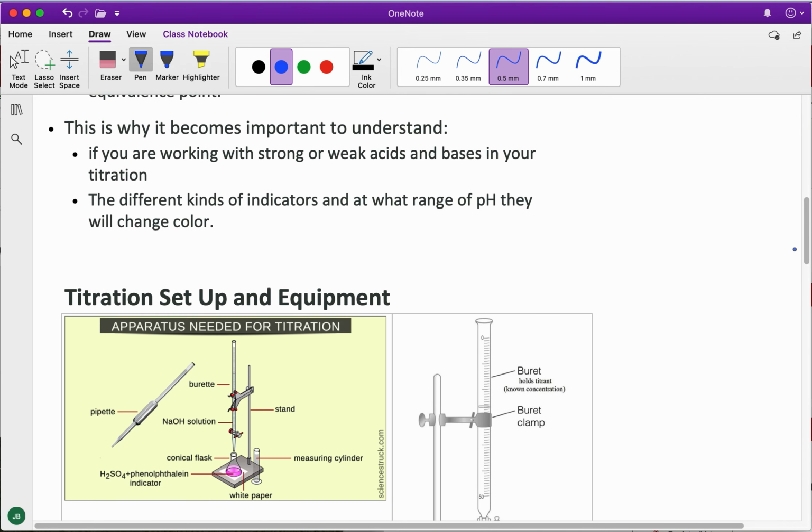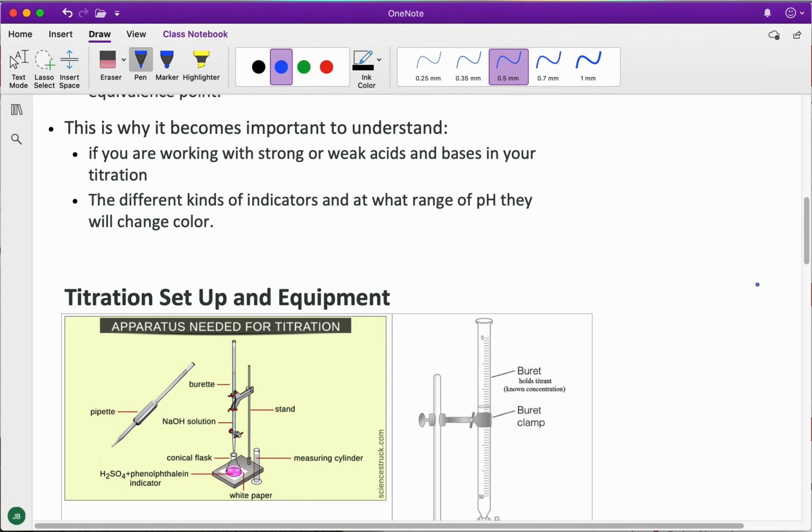So in order for all of that to happen, for you to have an endpoint that's either the same as the equivalence point or the endpoint that happens very soon after the equivalence point, you have to know, first of all, are you working with a strong or a weak acid? Are you working with a strong or a weak base with this titration?